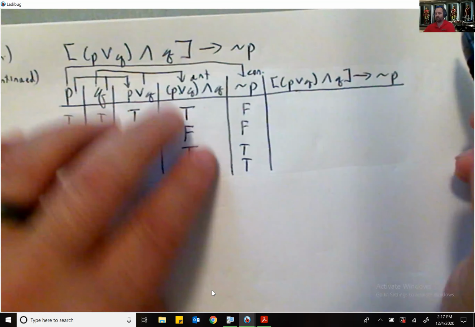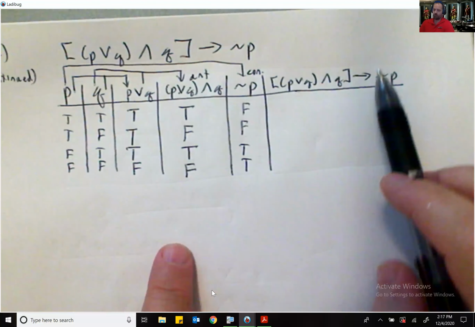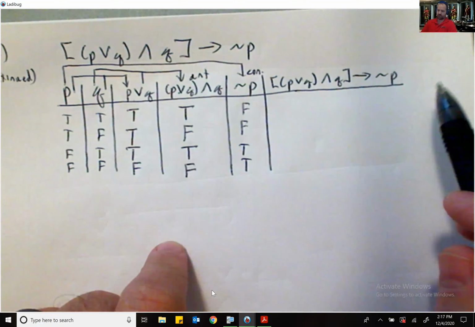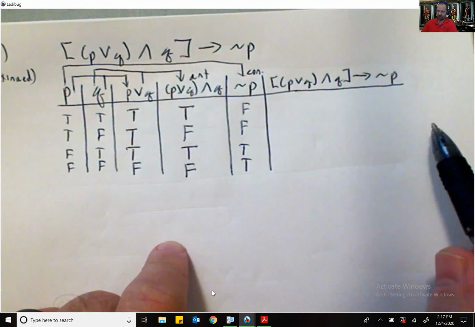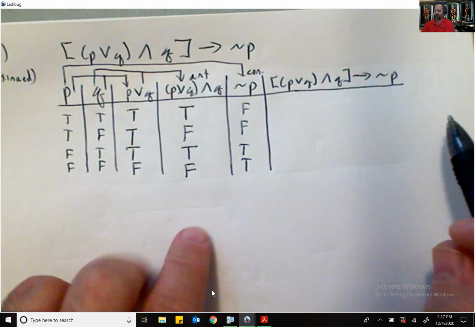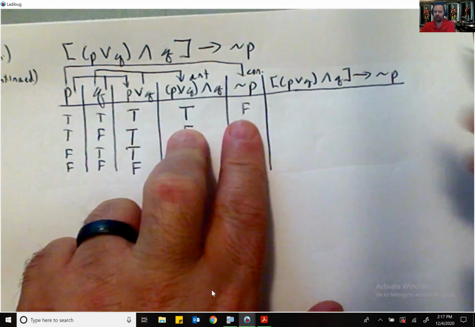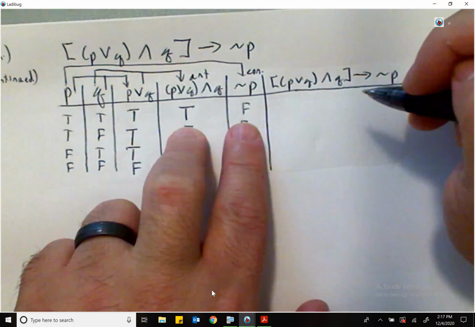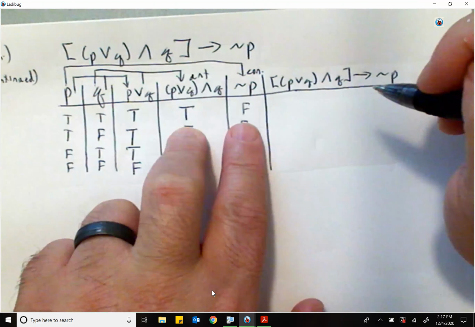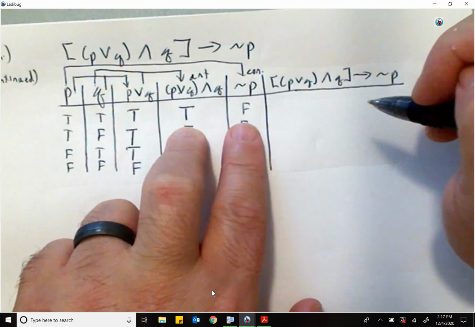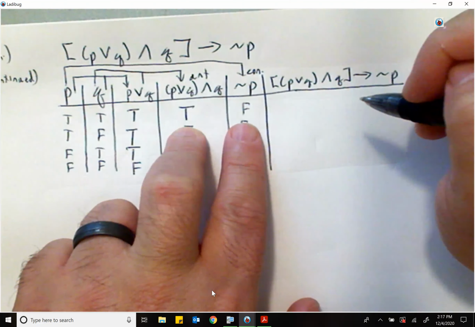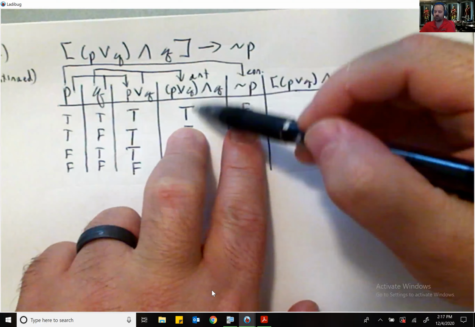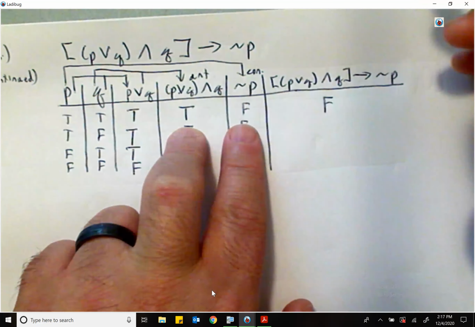All right. So remember, you told me that conditionals are only false when the antecedent is true and the consequent is false. So I got true, false. What is this one? True. That's your false case. Antecedent is true, consequent is false. I'm looking backwards.